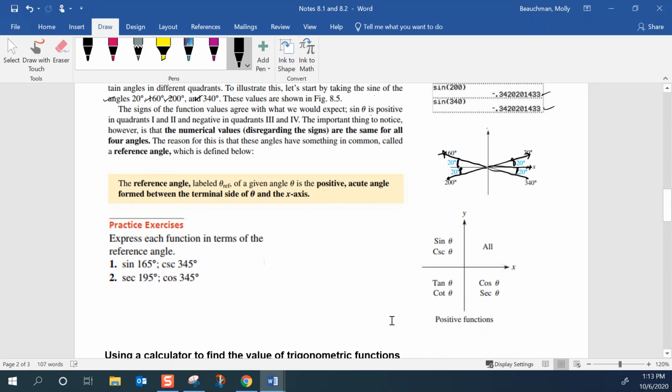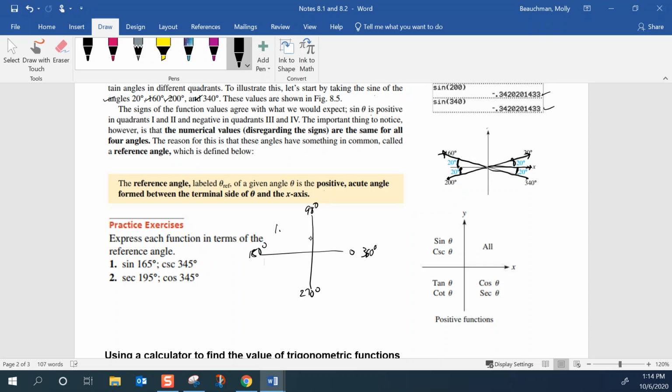So our practice: express each function in terms of the reference angle. All right, so the first one, the sine of 165 degrees. It helps me to draw these. So draw your coordinate system. We start with 0, 90 degrees, 180 degrees, 270 degrees, and then all the way around the circle is 360 degrees.